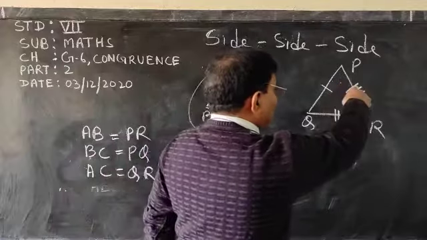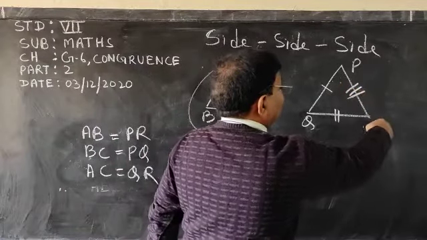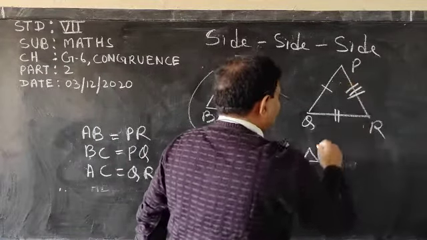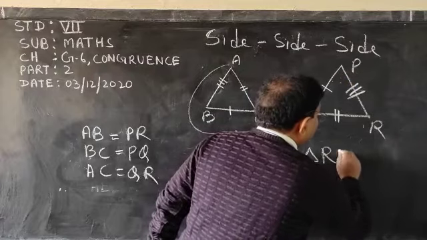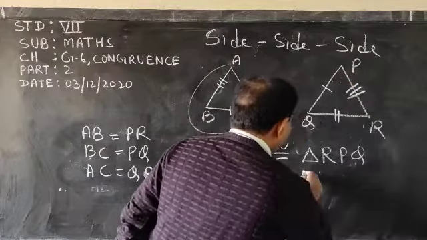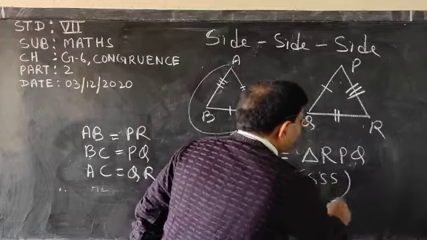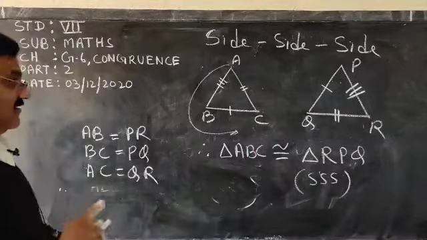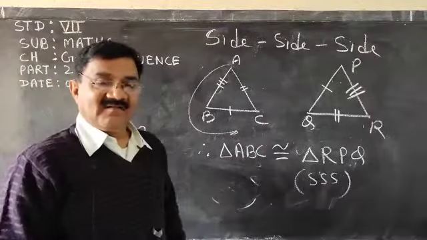So this side also goes 3, 1, 2. Then RPQ. Triangle ABC is congruent to triangle RPQ by SSS. Understood or not? This is very important.